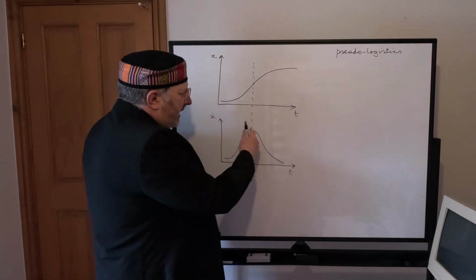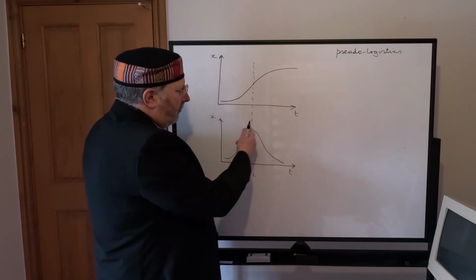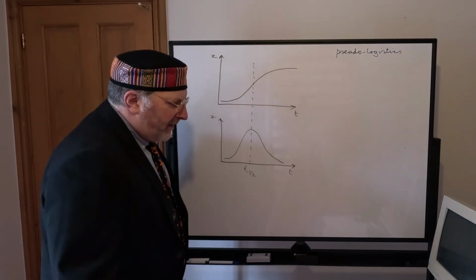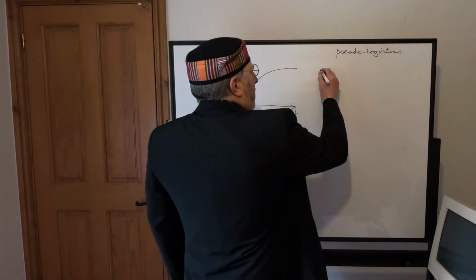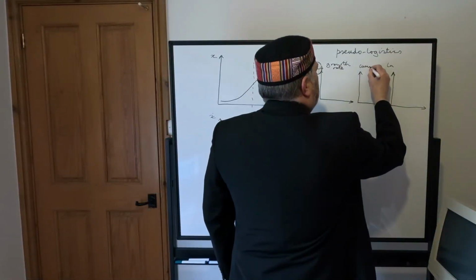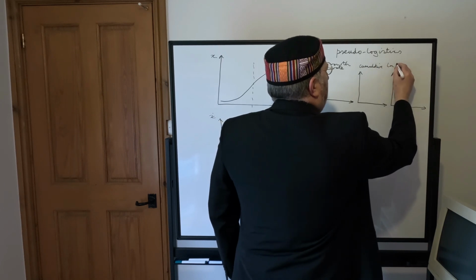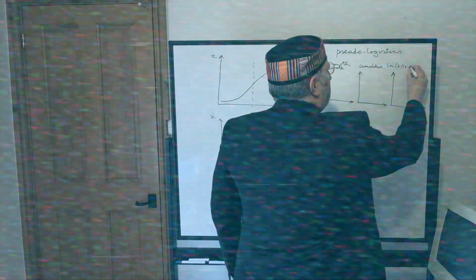So this is the exact form for the growth rate of a logistic, but we can replace it with things that are similar to it, and I'll show what we get. So cumulative, and here that log of f over 1 minus f.